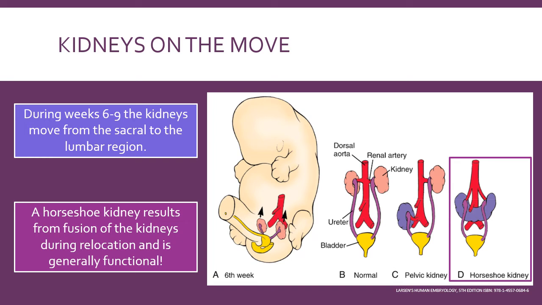I should point out, though, before we move on, that the formation of the horseshoe kidney is not formation of kidney tissue that never separates, because that's not how kidneys form, right? They form off of these two buds. No, this is actually merger of the kidneys as they're moving in the cranial direction, which is kind of an interesting etiology. The reason that kidneys relocate and how that's achieved is really not well understood.